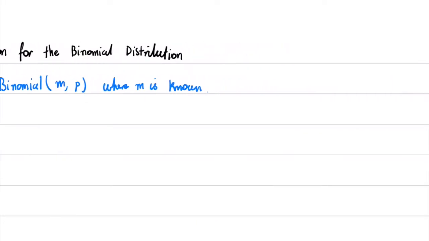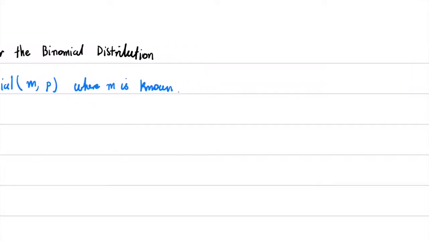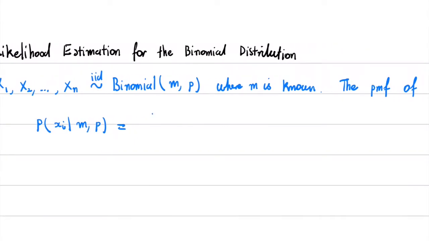or the number of random variables under question. So if we do have a binomial distribution with this parameterization, the probability mass function of any of the xi's is given by, well, let's write it out. p of xi given m and p is equal to m choose xi, p to the xi, 1 minus p to the m minus xi.